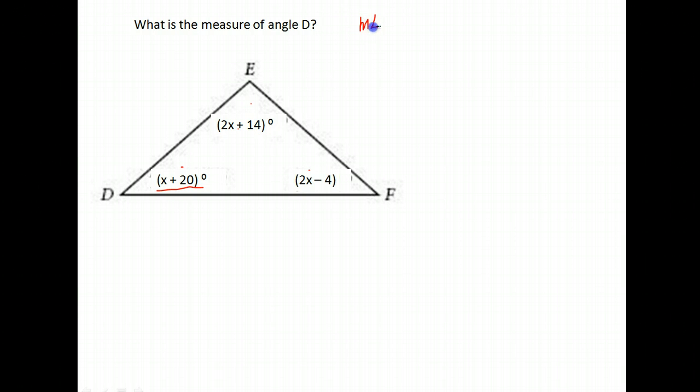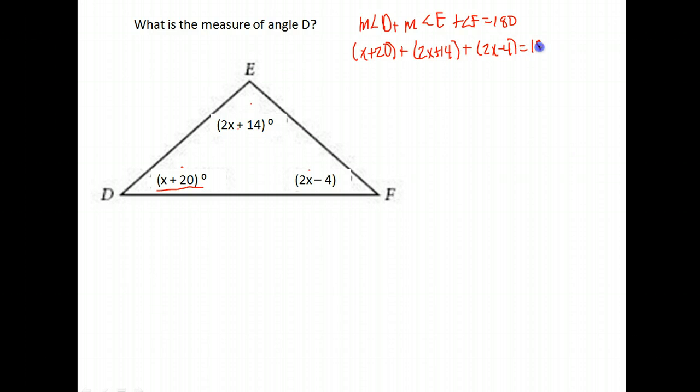So the measure of angle D plus the measure of angle E plus the measure of angle F should equal 180. I'm going to replace them with their values. So D was x plus 20, E was 2x plus 14, and F is 2x minus 4.